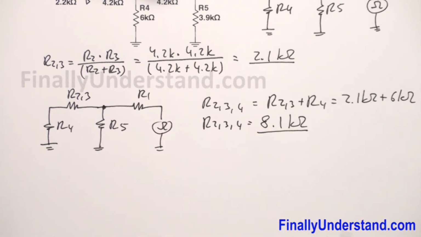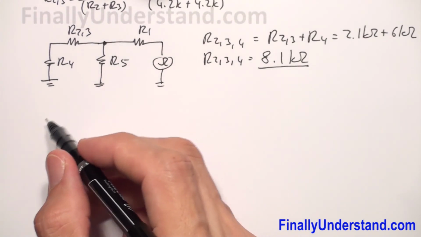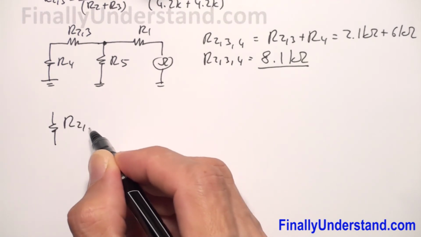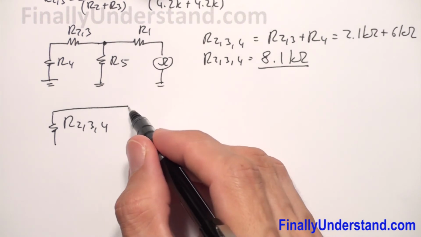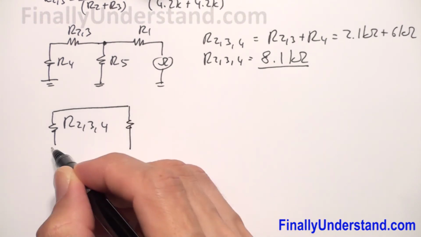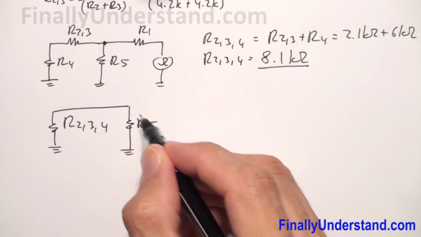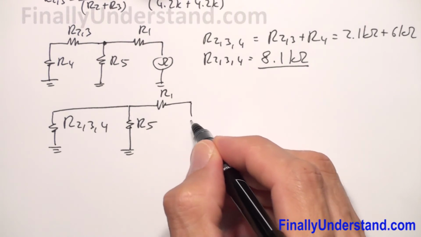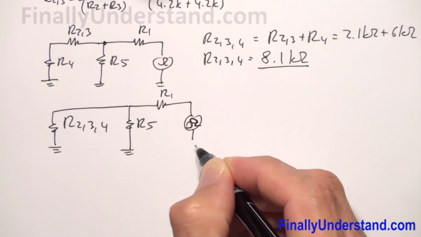Next, I can redraw the circuit again, and I'm going to simply have resistance R234, and I have resistor R5, and I have resistance R1. This is my ohmmeter, by the way.